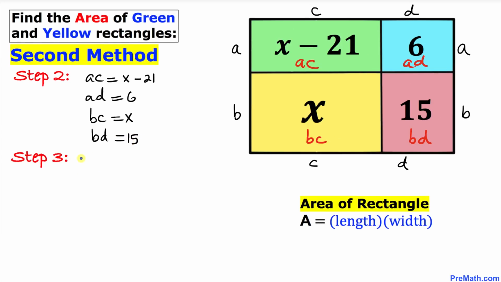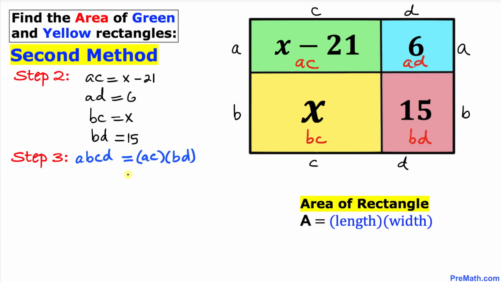And here's our next step. Let me be a little bit creative. I'm going to write down A, B, C, D. I can rearrange it as AC and BD. I can write AC times BD. In our case, AC is x minus 21 and BD is 15.